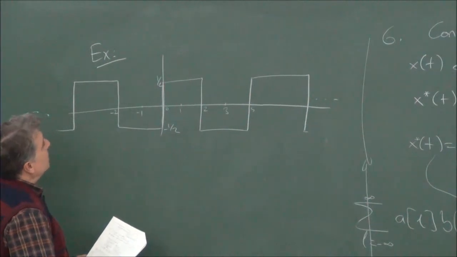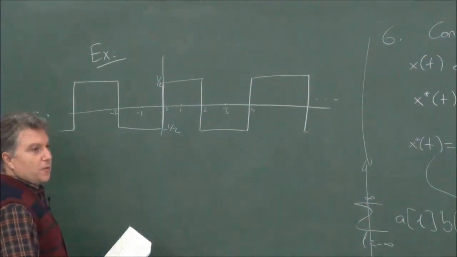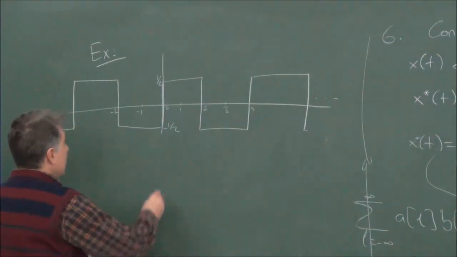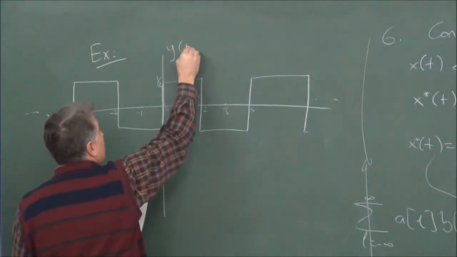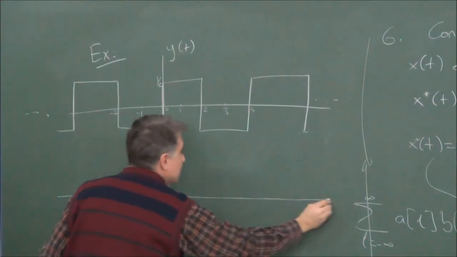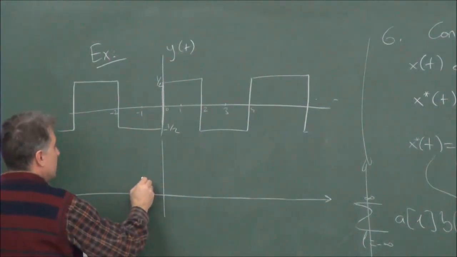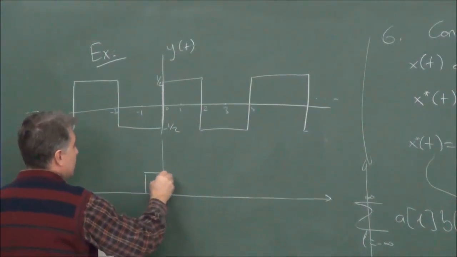So what can we say about the Fourier series coefficients of such a waveform? This one I will call y of t, and I will start by the known version of it, which was x of t, I will say.